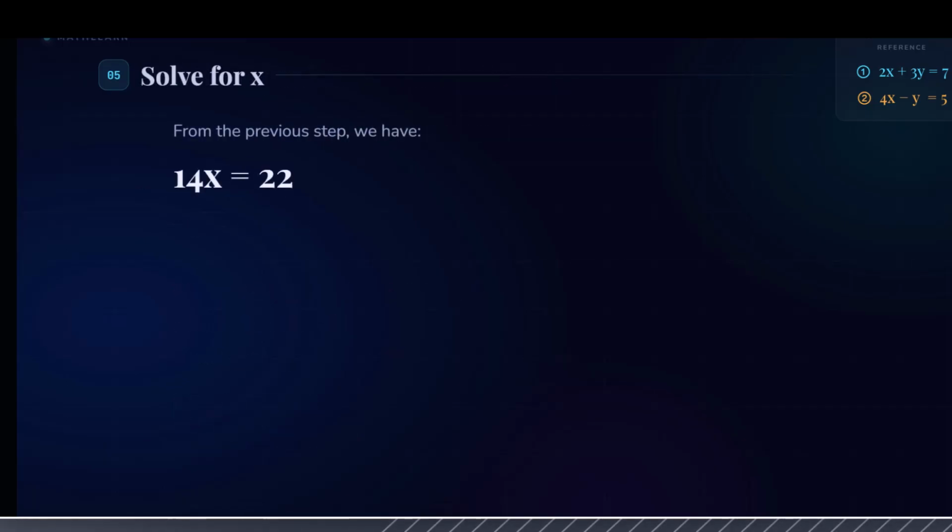We now have a simple one-variable equation, 14x equals 22. To isolate x, divide both sides by 14. X equals 22 over 14. We can simplify this fraction.